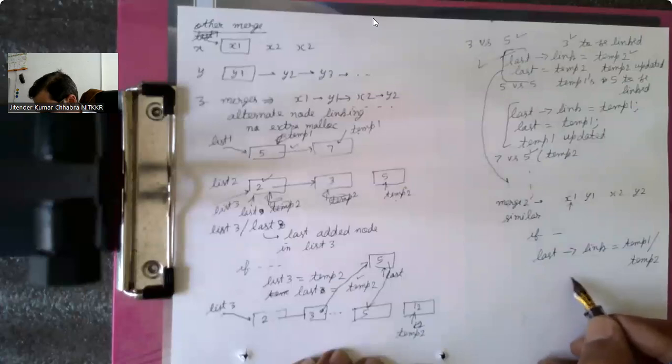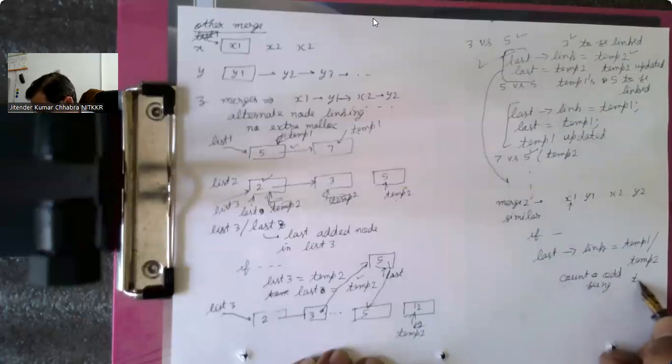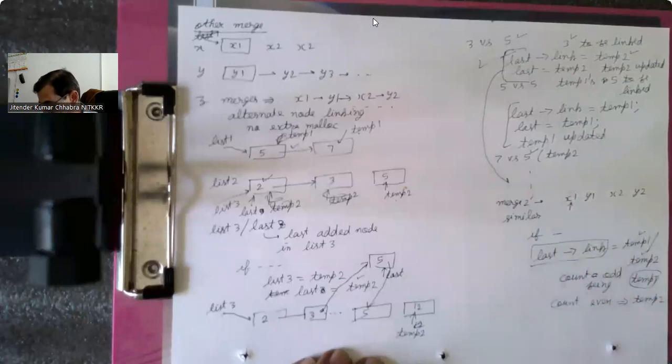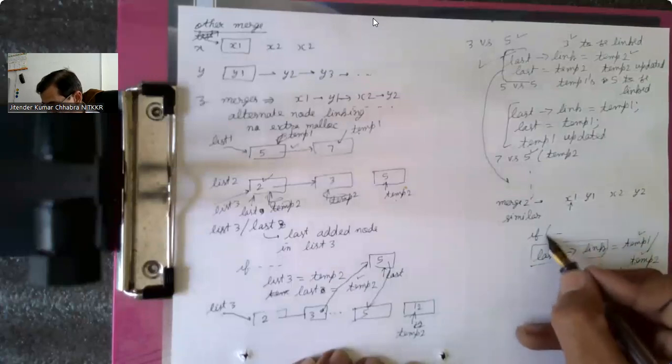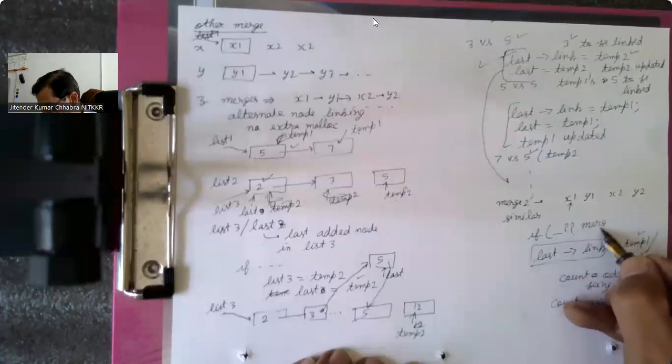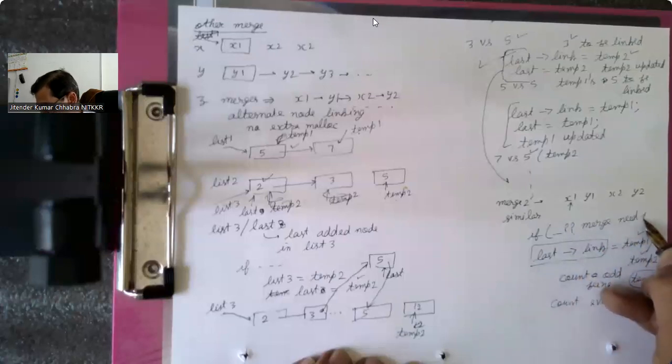Now this could be maybe, let's say, count based. Count equal to odd should mean temp 1, and count even should mean link of a temp 2. But every time this link, and accordingly temp updation, and your if condition will be changing, merge logic based or merge need based. That's it.